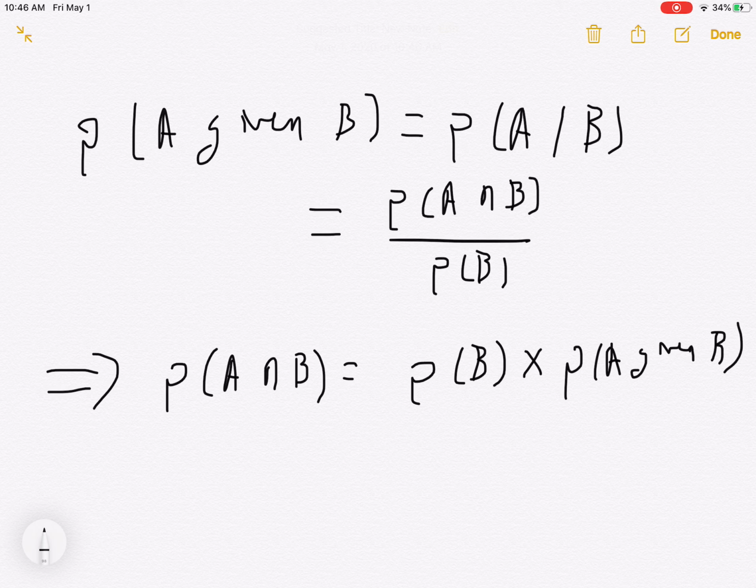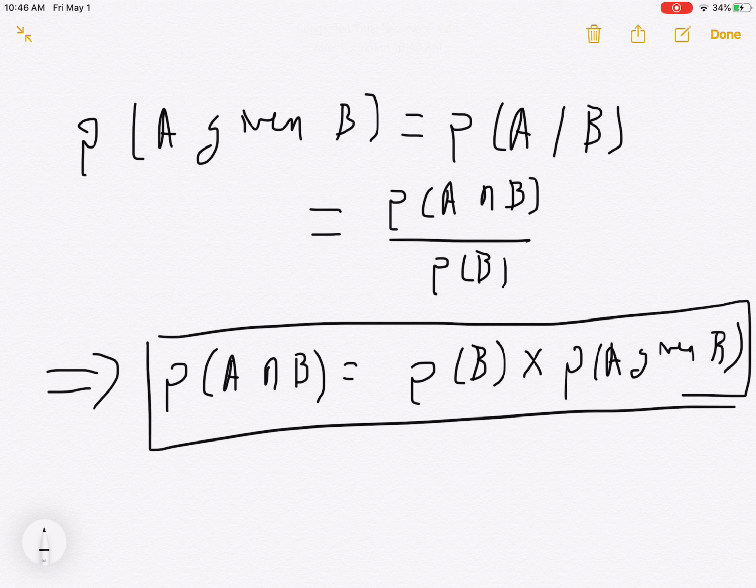And this is called the general multiplication rule.